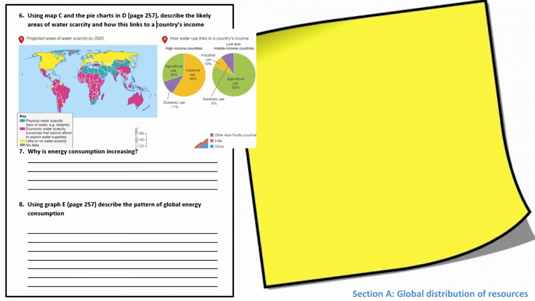D says how water use links to a country's income. So if we look at high income countries, you can see that 59% is used for industrial use, domestic use in the home 11%, and agricultural use 30%. However, in low and middle income countries, that sort of flips round, and we've got 82% being used in agricultural use.